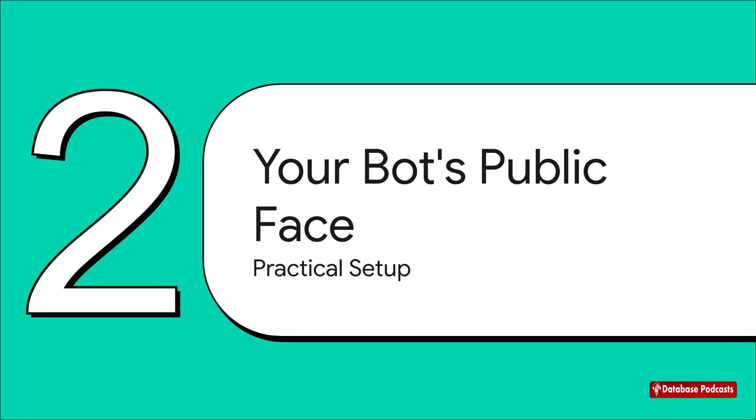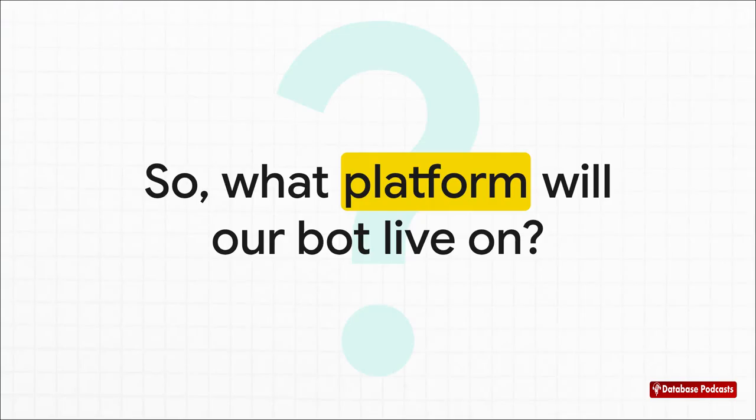Okay, enough theory. Let's actually build something. Every single bot needs a place to live and talk to people. This is its public face, the front door where users will come knocking. So you're probably thinking, okay, sounds cool. Where do I even begin? To get our bot out into the world, we need a platform. For this walkthrough, we're going to use Facebook Messenger, and that means we need to set up two key things first.